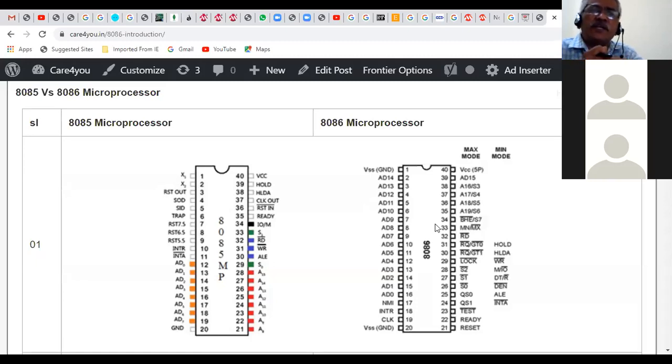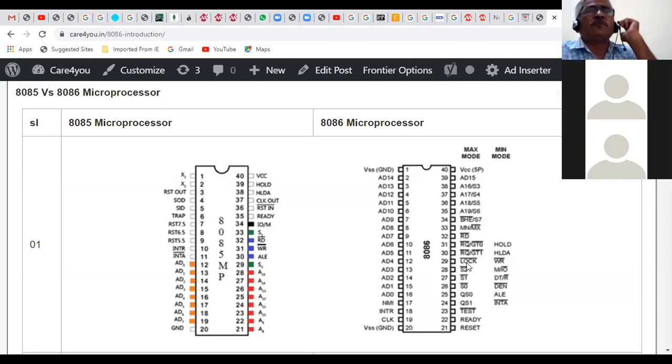All your scientific calculations were done by a separate processor. But nowadays, in all the processors that come, that co-processor is built into the main processor. So you only have a single processor nowadays. So got it? In the maximum mode, there was a facility to have more than 1 processor in your design.